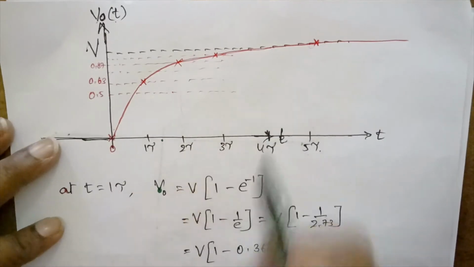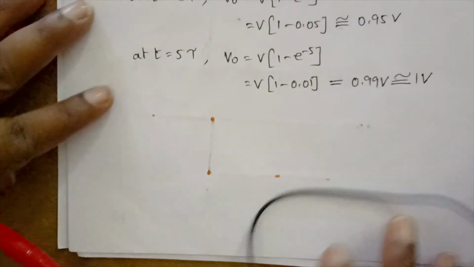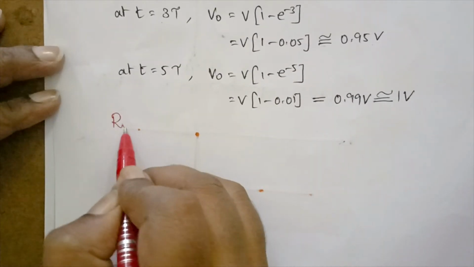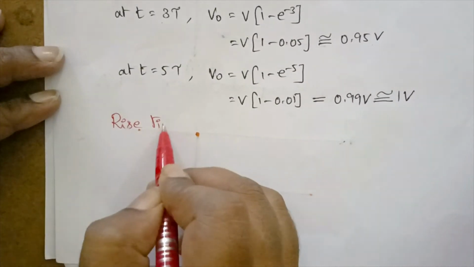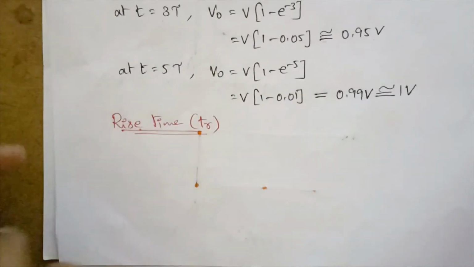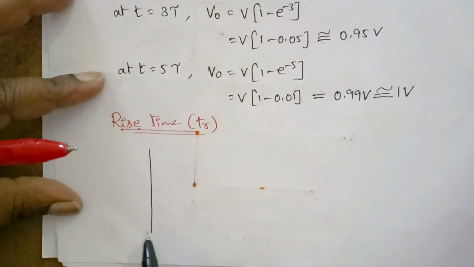So I define rise time here. It is generally denoted as TR. The rise time is defined as the time duration.